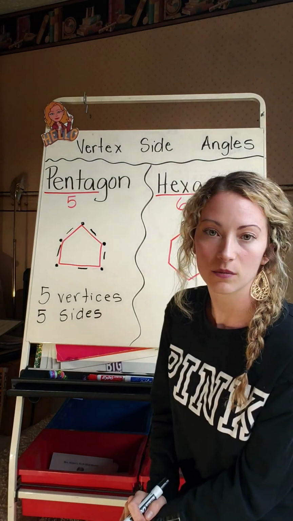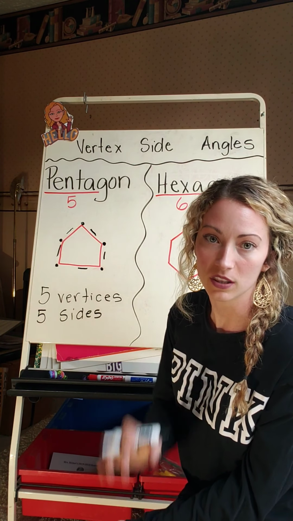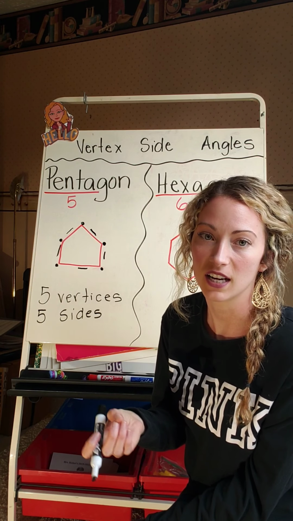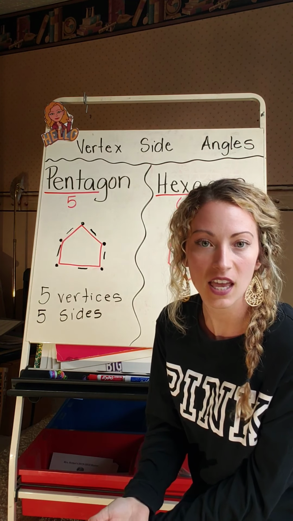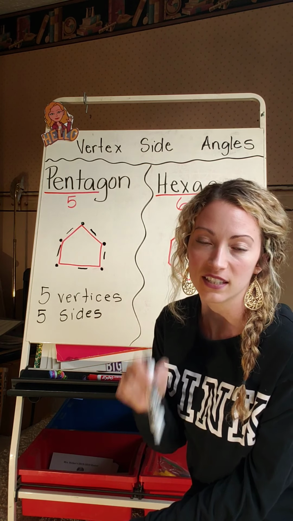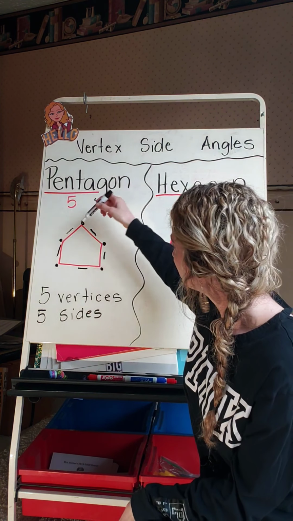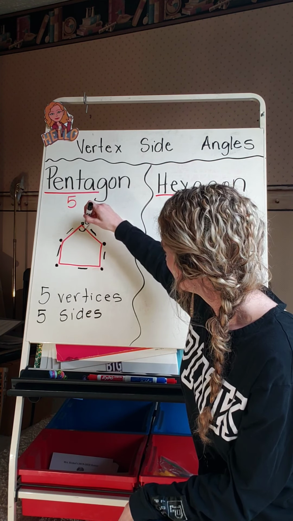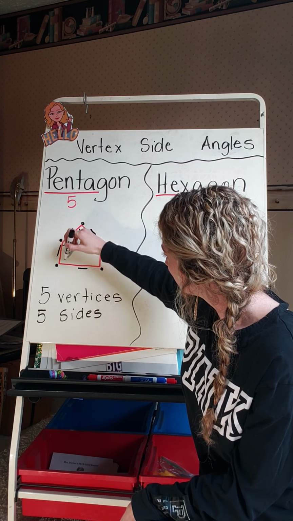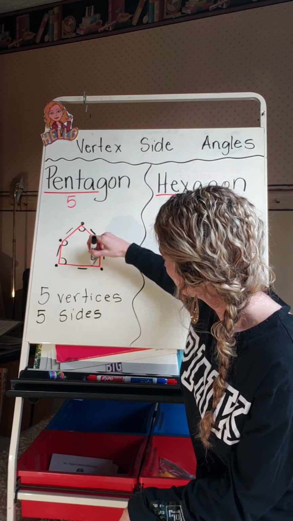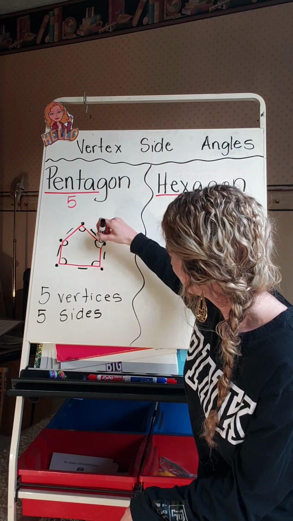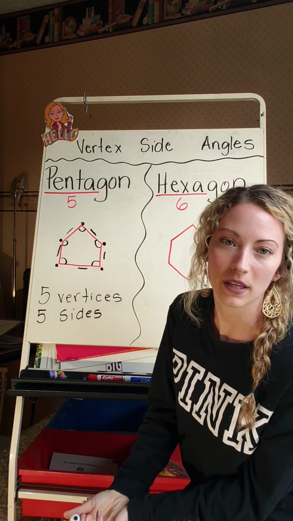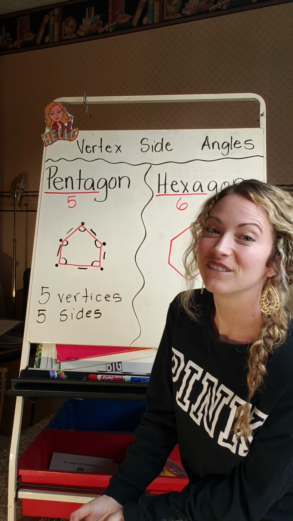And then the last vocabulary word, the last thing we're going to find on our pentagon is how many angles it has. Remember, the angles are on the inside of the shape. So how many angles does a pentagon have? 5.